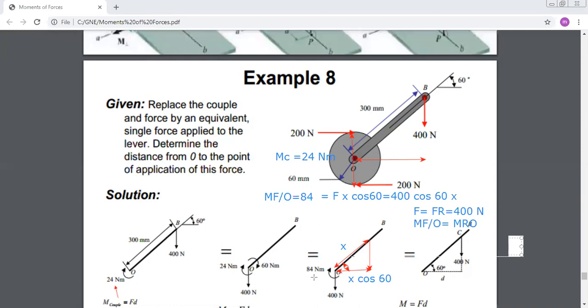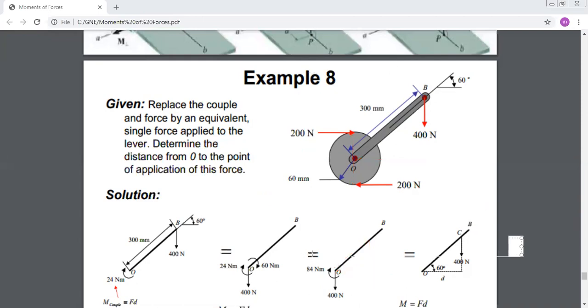In particular, if you choose O, the total moment about O is equal to 84. When you reduce your system to a force passing through O, this force cannot produce a moment about O. You have only the couple, and the couple about O is 84. So if you want to displace your force in order to replace your system by only one force, when you put your force here, it should still produce about O the same moment, which is 84 Newton meters.